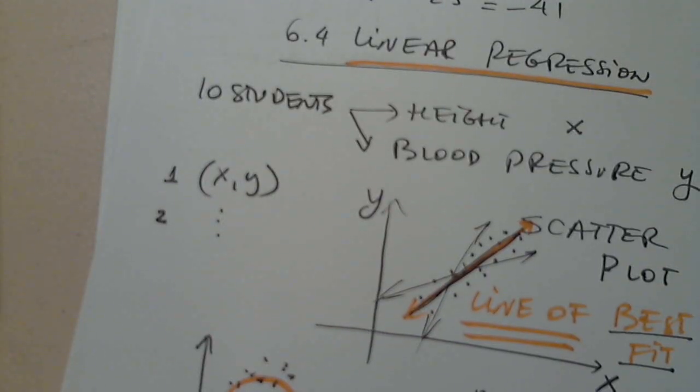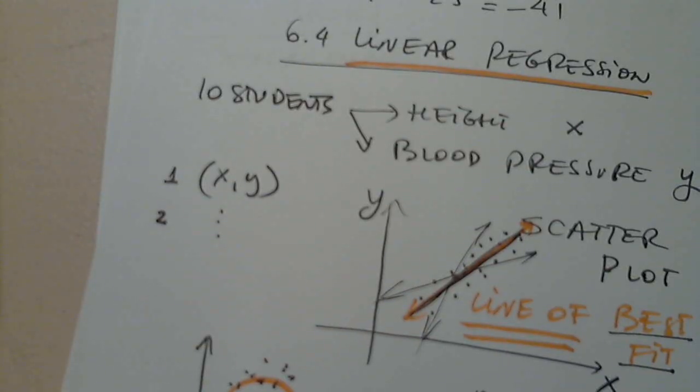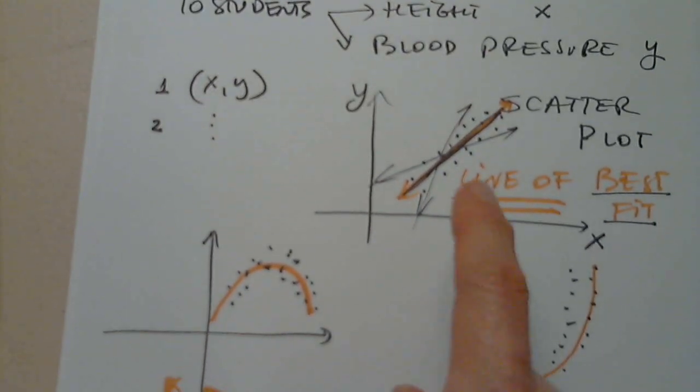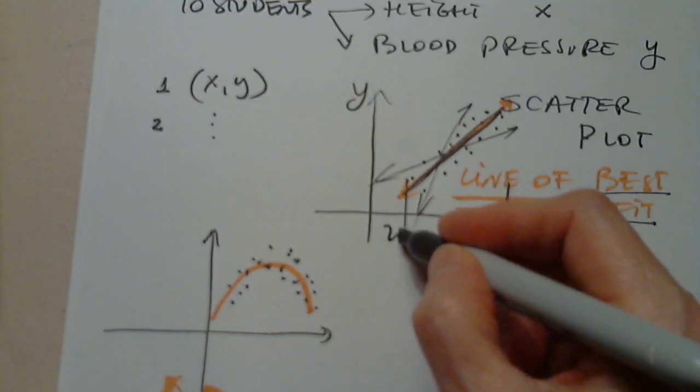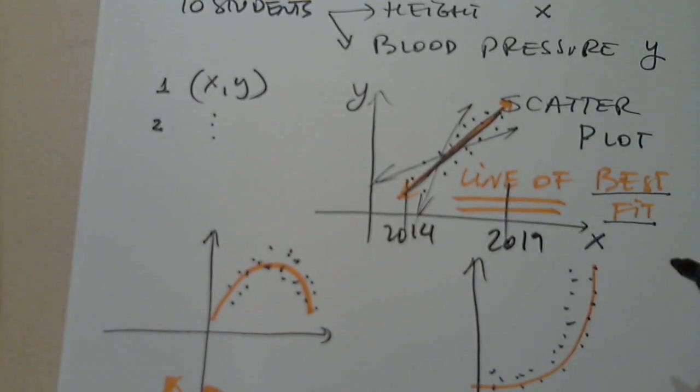So when we look at the data, it is somewhere between 2014 and 2019. 2019 was exactly before the pandemic, right? So we never know how far out I can use the line. What do I mean by that? So here's the line of best fit. Let's say this is between 2014 and 2019.